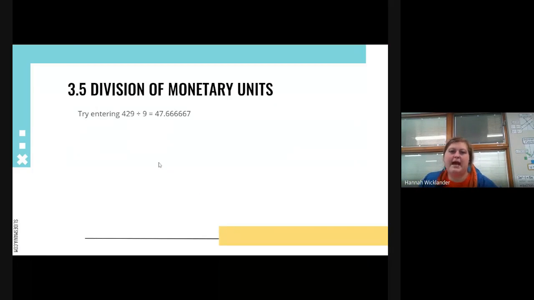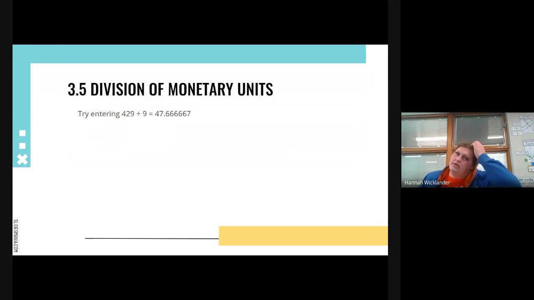Okay, 3.5, division of monetary units or division of money. So if you enter 429 and divide it by 9, you get a decimal. 47.66666666 repeated. But we're working with money, so it needs to be 2 places after the decimal. So how would we round that? What would your answer be?